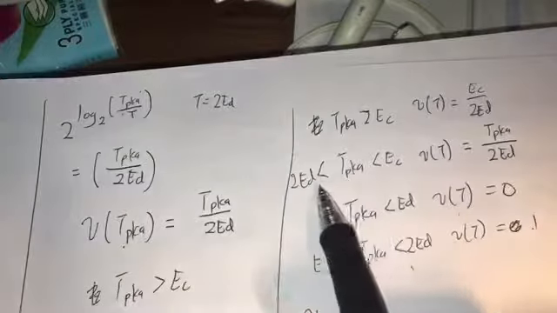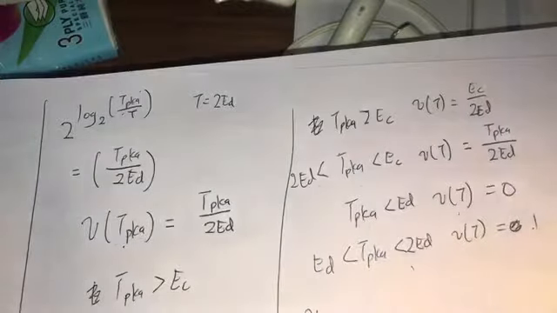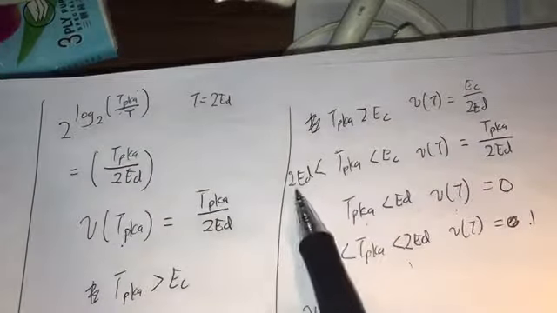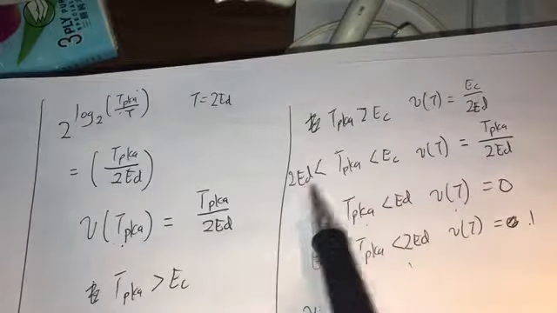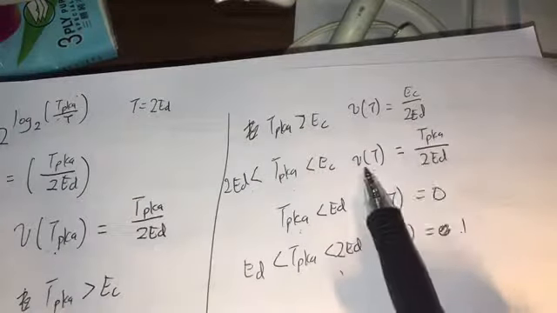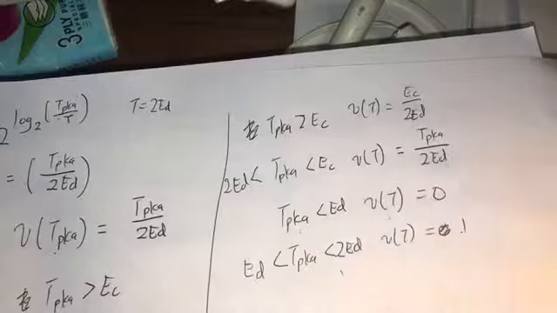And in this energy range, 2ED to EC, you can see that there's a linear relationship between Vt and Tpka.